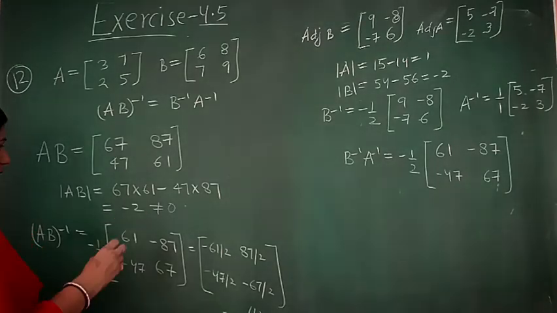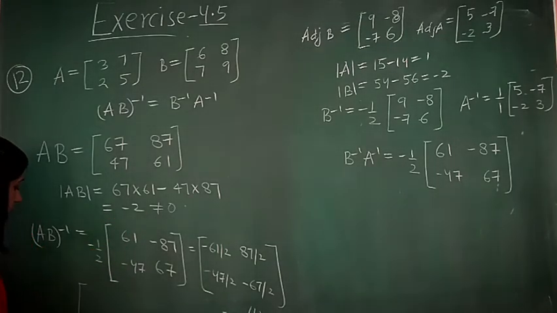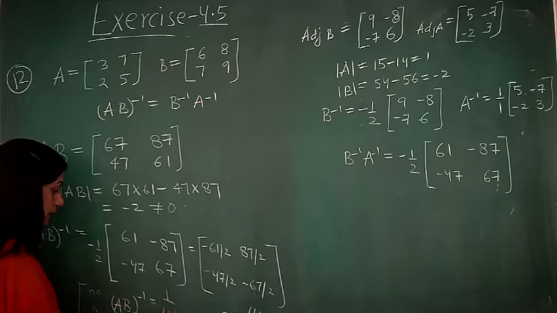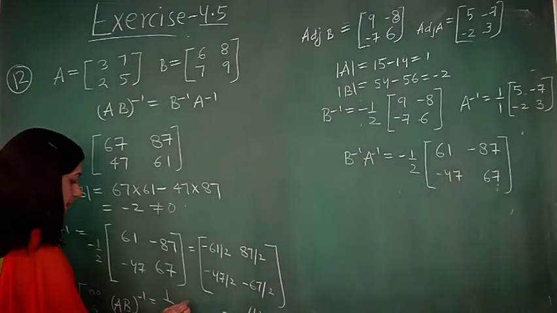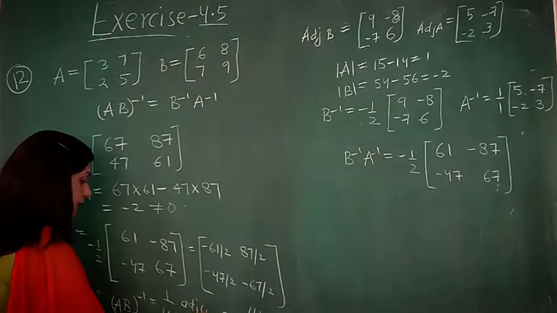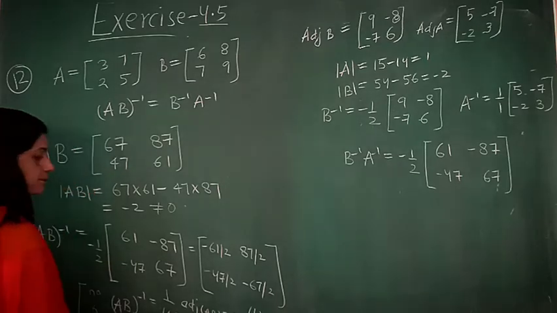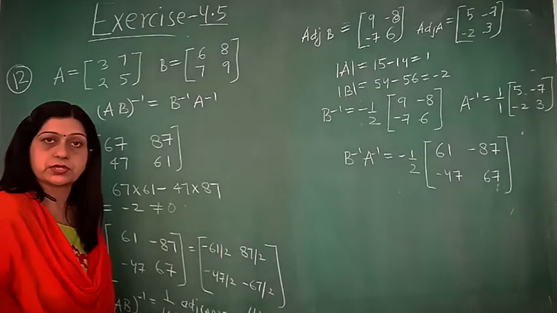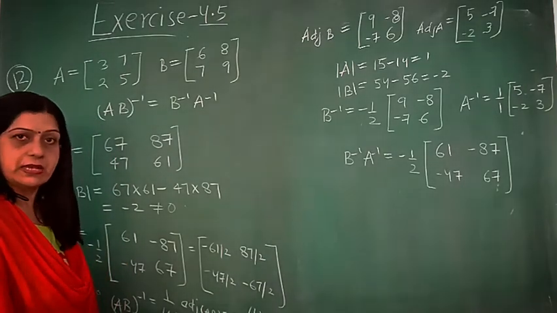You can also write the formula: AB inverse is equal to 1 upon determinant of AB into adjoint of AB. Let us mark it as equation number 1, that is our LHS.